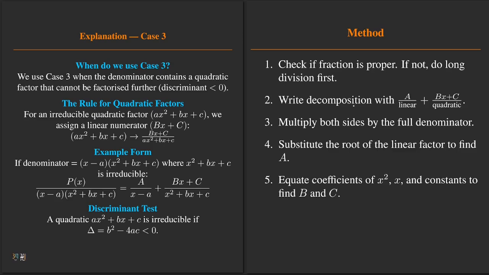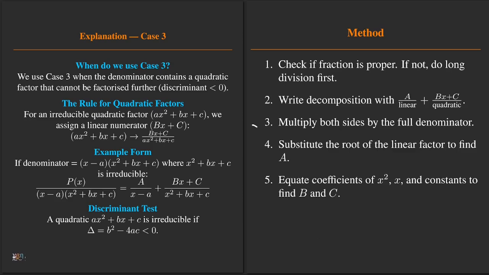If you're able to do that, then you now come to step 2, where you use your decomposition to work on the proper fraction. So if there's a linear, then it's going to be an a over the linear, then your linear numerator over your quadratic. The rest is just the same procedure.